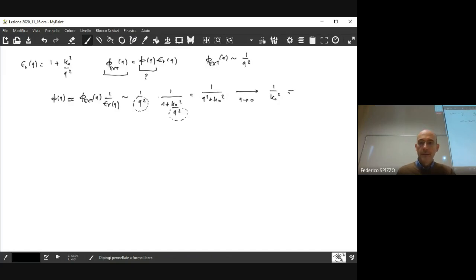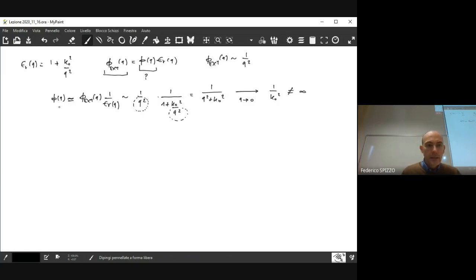So this is different from infinity, as we had using the external potential. So the contribution of the rearrangement of the electrons removes the divergence of the actual potential in the system, as now we have a constant term for q that goes to 0.